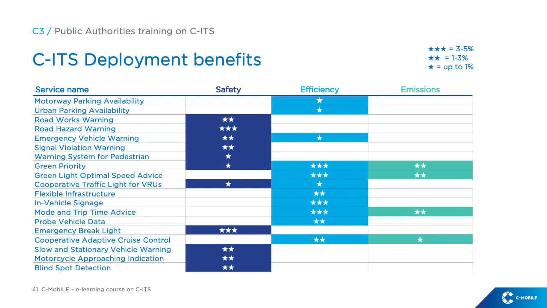The second category relates to improving operational traffic efficiency, which means increasing the flow capacity of the road transport network, while avoiding or reducing the need for its physical expansion, and reducing the congestion and the disruptions due to incidents.